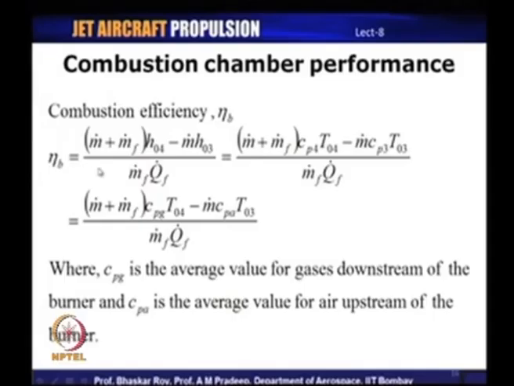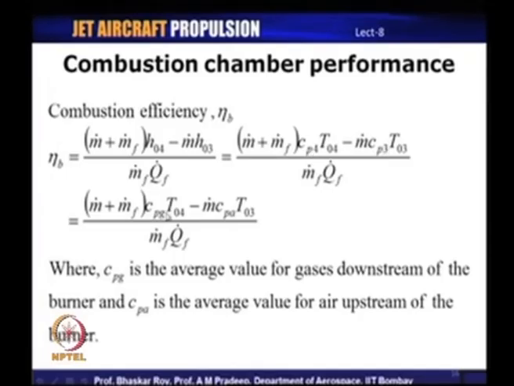So, combustion efficiency is equal to (m dot plus m dot F) into H04 minus m dot into H03, divided by m dot F into Q dot F. This we can simplify as (m dot plus m dot F) into Cp4 T04 minus m dot Cp3 T03, divided by m dot F Q F. Now, Cp4 is the Cp at station 4, and Cp3 is the Cp at station 3.